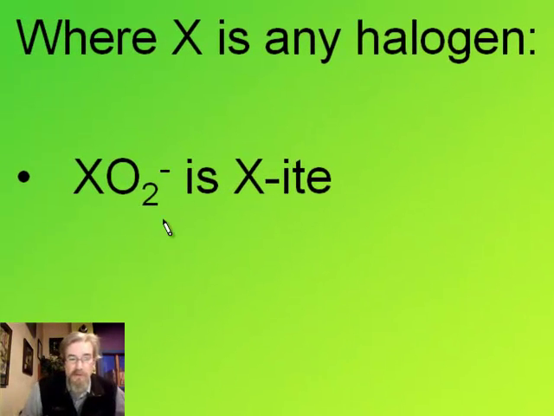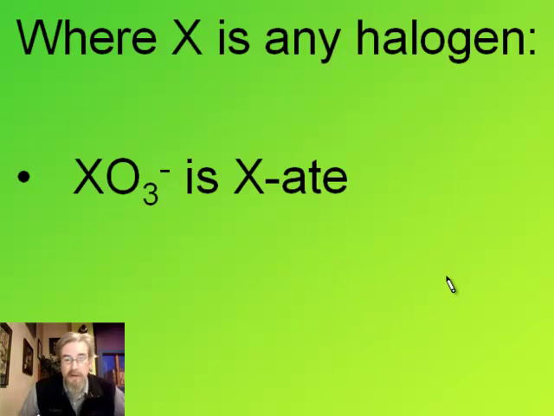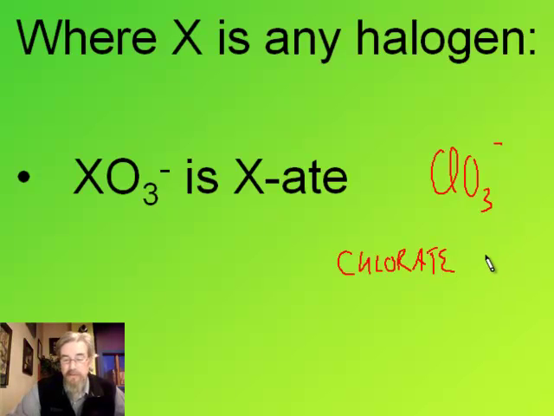So you see I go from XO in hypoite to XO2 in ite. So for example, ClO2, 1 minus charge, they're all 1 minus charge, all these ions, is going to be just chlorite. Ate is always 1 more O than ite, so Xate would be an example like this, ClO3 instead of ClO2 with a 1 minus charge. And I would name this chlorate. 1 more O than chlorite.